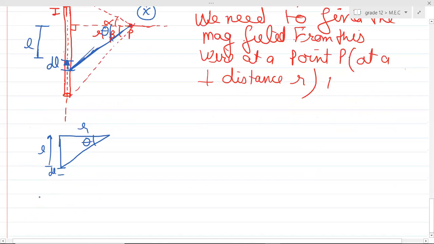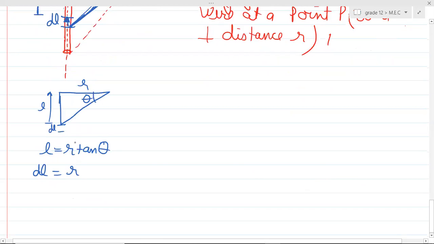Can I write l is equal to r tan theta? Can I write this, guys? Okay. So from here, can I write dl is equal to r times the differentiation of tan theta? Anyone? Sec square theta, and then ultimately you'll write d theta at the end.